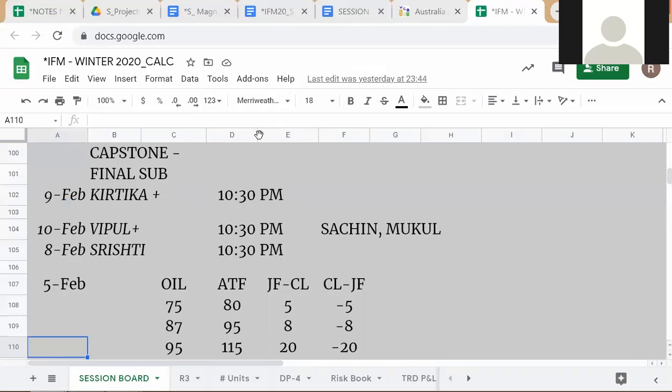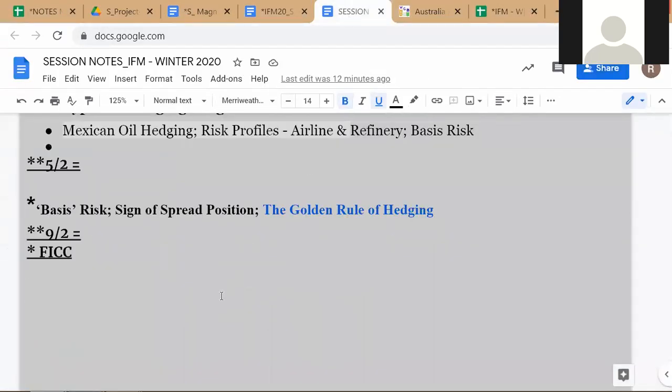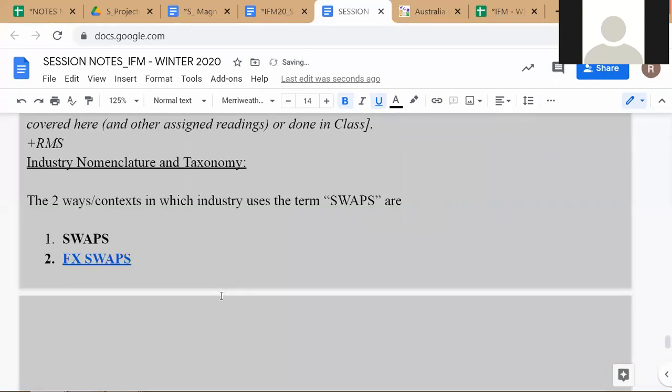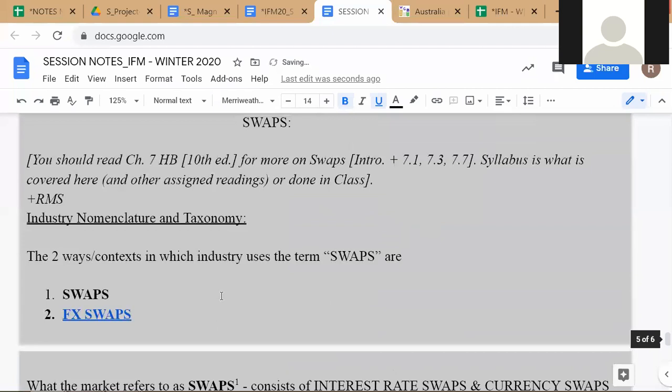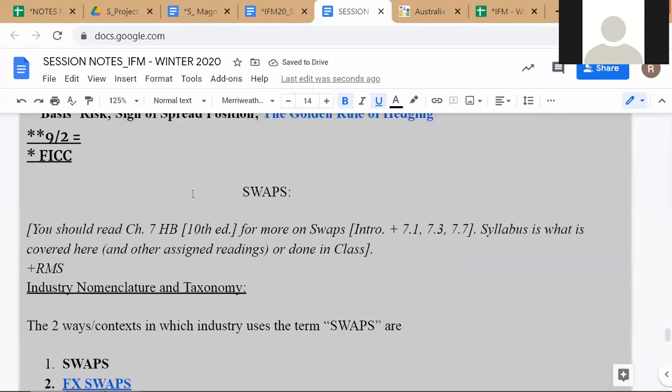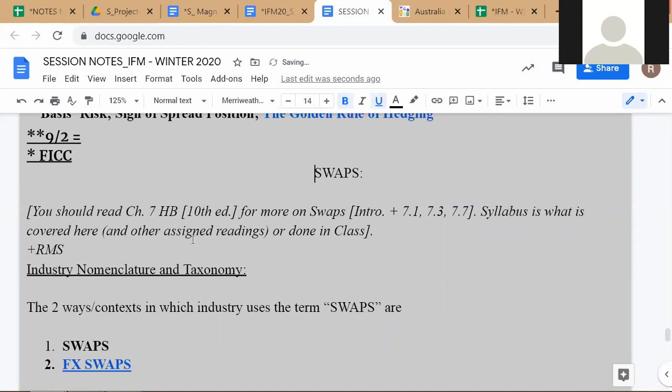Move this here. Yeah, so we're talking about swaps now. Later on, I'll put the entire discussion of swaps into a separate note. Here are the readings given for you to look at.